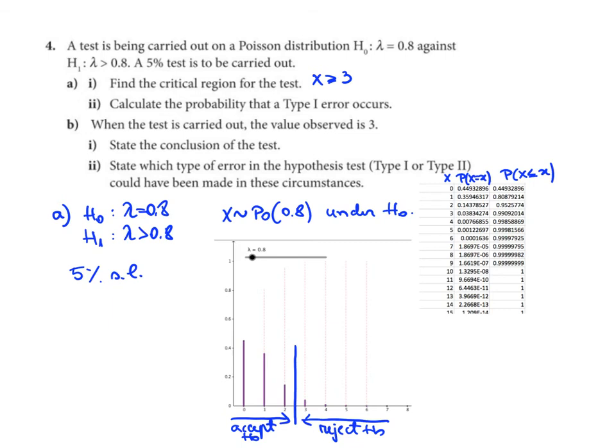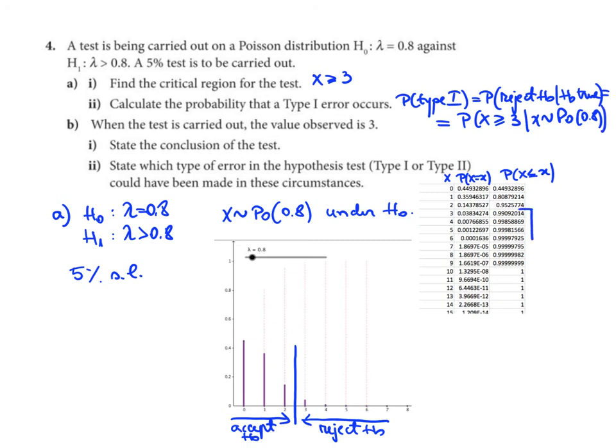Calculate the probability that a type 1 error occurs. Probability of a type 1 error is the probability of rejecting H0 given that H0 is true. So given that you are on the distribution drawn here, it's the probability of x bigger or equal than 3, given that x is Poisson of 0.8.